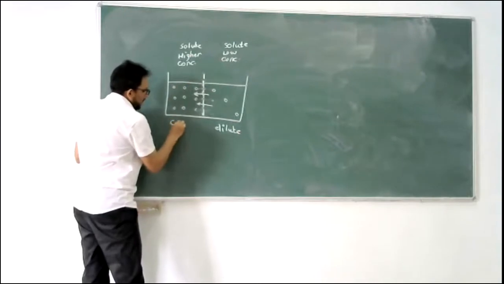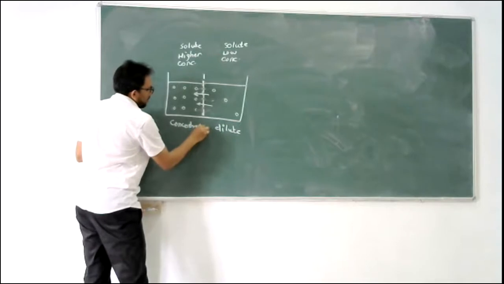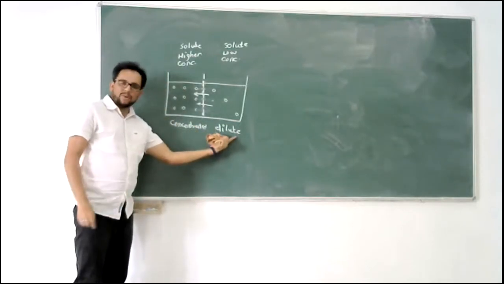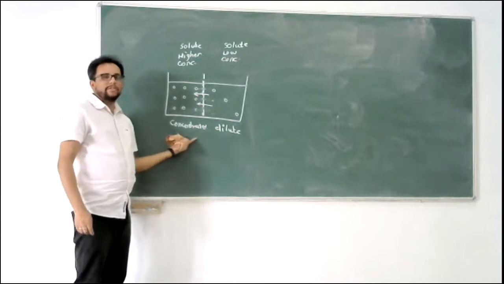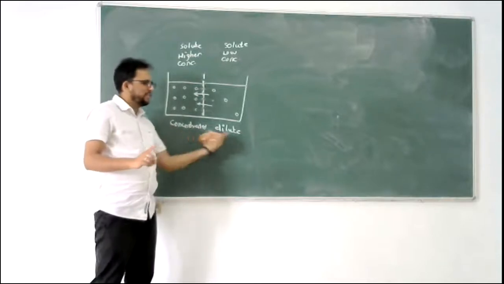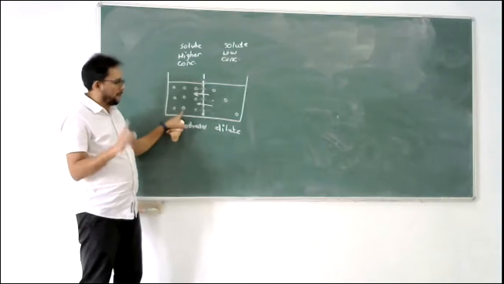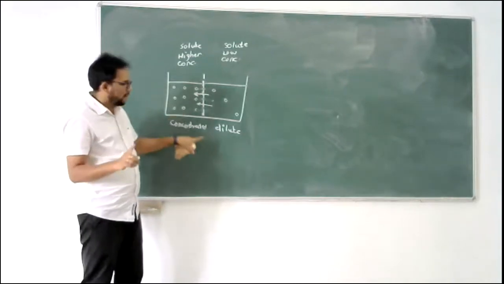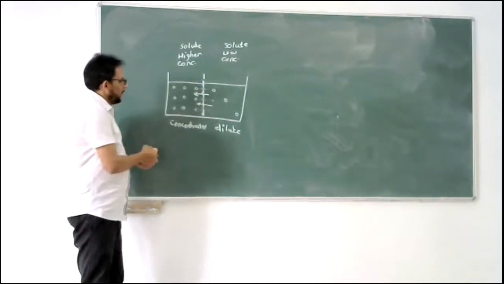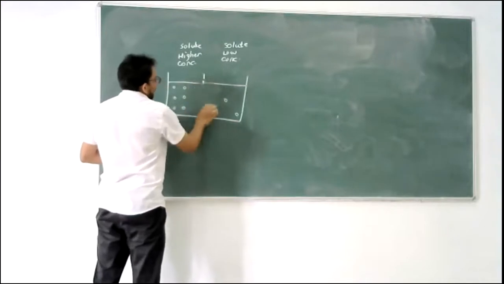This is a concentrated solution, right? Because there is higher concentration of solute. So osmosis always happens from dilute solution to the concentrated one. Diffusion always happens from concentrated solution to the dilute solution. Diffusion is the movement of solute. Osmosis is the movement of solvent. Yeah. Now, this is one.